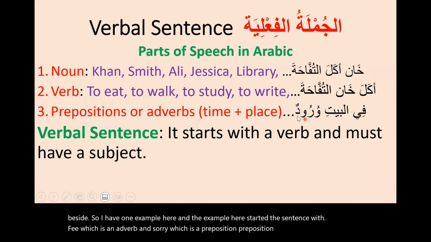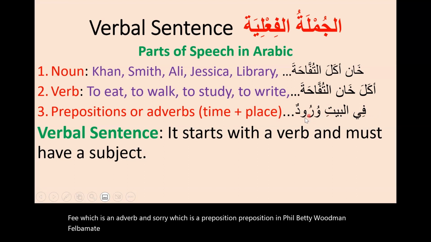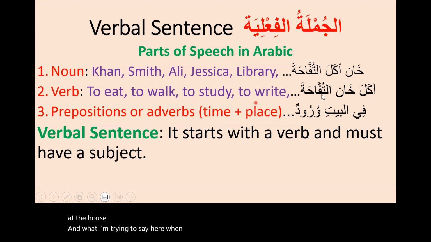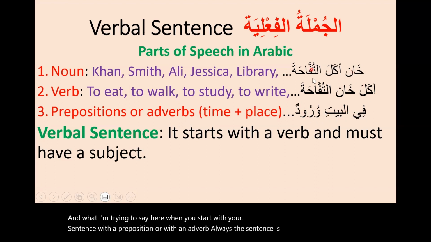Fil bayt wurud. Fil bayt wurud. So ward is rose, wurud is roses, bayt is house, fi, in the house, in Arabic, is at the house, roses. And what I'm trying to say here, when you start your sentence with a preposition or with an adverb, always the sentence is called a nominal sentence.